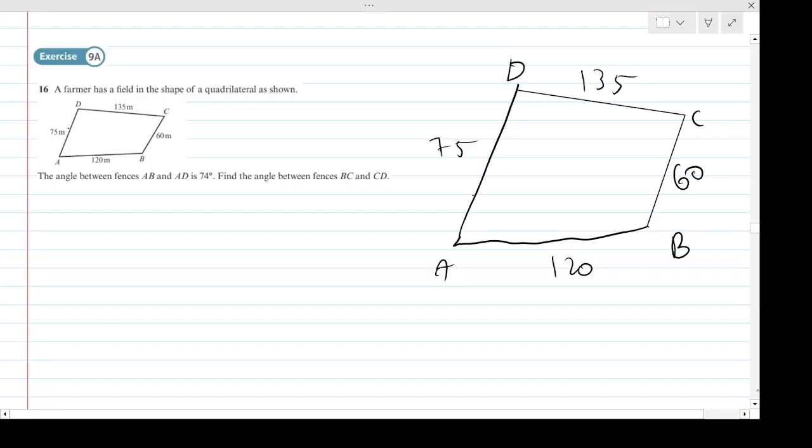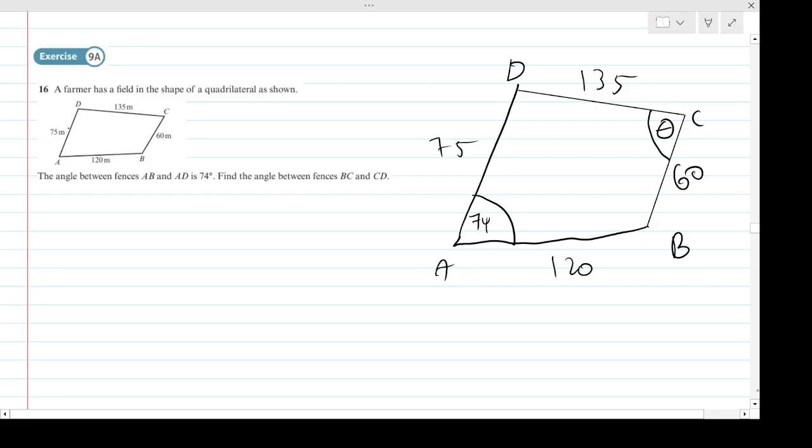And I'm told the angle between AD and AB is 74. Then it says to find the angle between BC and CD. So it's going to be that angle here, between BC and CD. I can call that theta. So I need to find that.